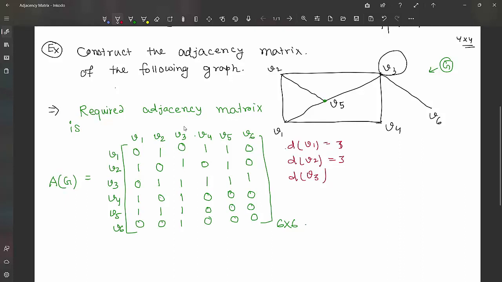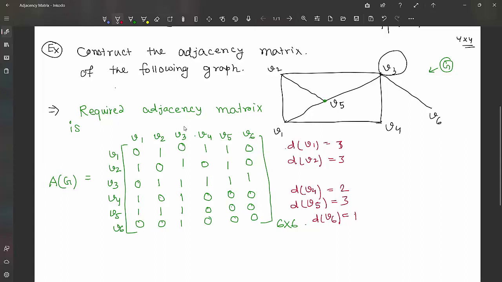If there is no self loop for the other vertices, you can define the degrees this way. What is the degree of V4? This is 1 and 1, this is 2. And then the degree of V5 is 1, 2 and 3. And the degree of V6 is 1.